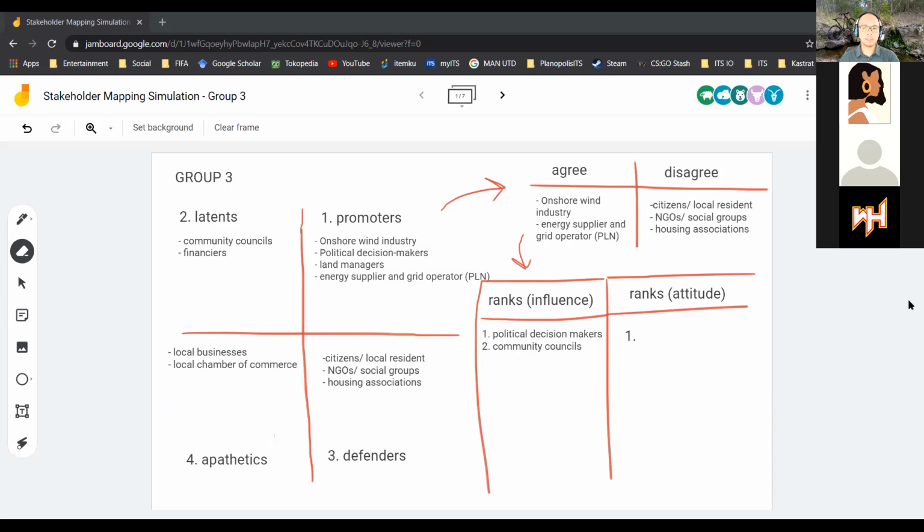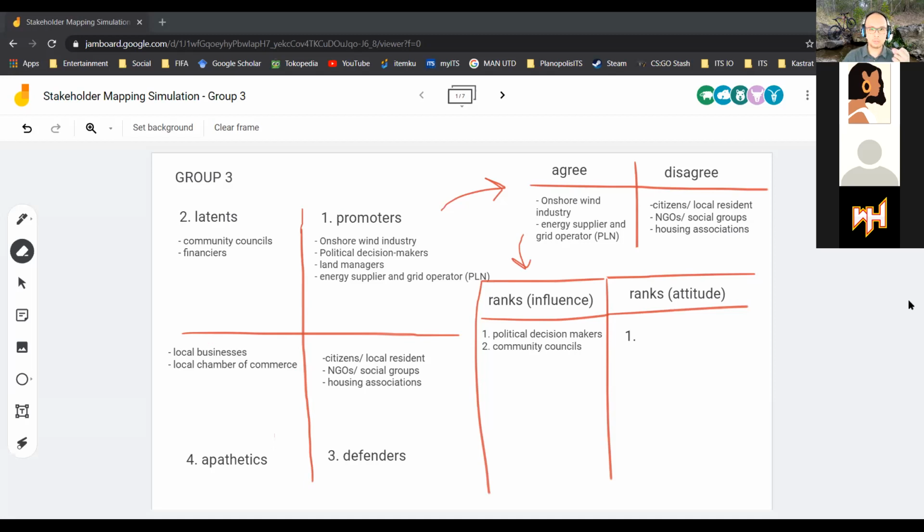You can, if you want to, identify key stakeholders in this particular case study or in this particular exercise. But I think indirectly, you have begun to do so.